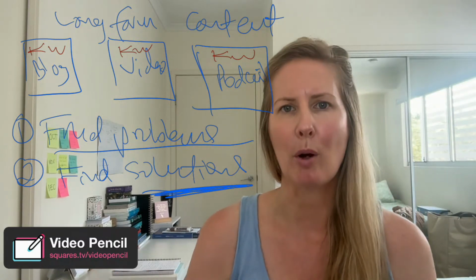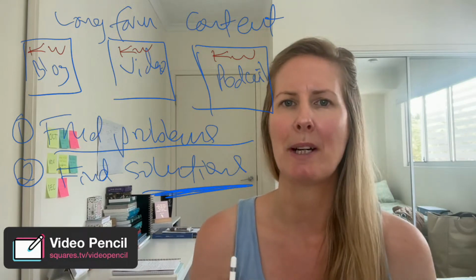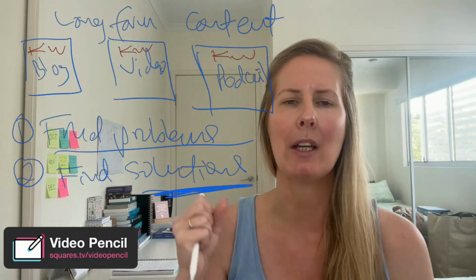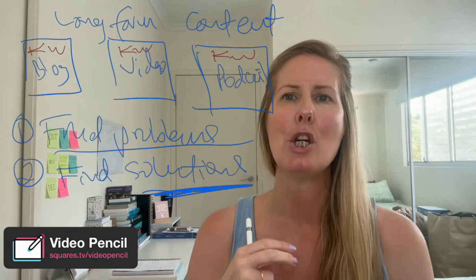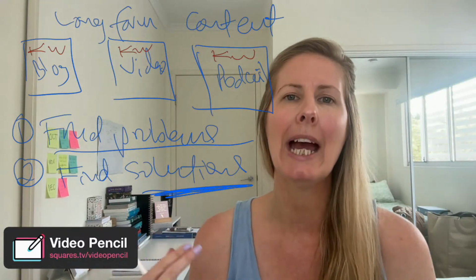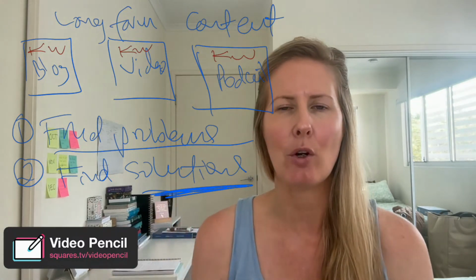So if you're on a blog, then you can use many different search engine optimization tools to help you get that metadata in place. And what I mean by that is, you want your keyword in your title, so your blog post title. You want your keyword in the first sentence of your blog, and then you want it in a couple of headings throughout that piece of content.